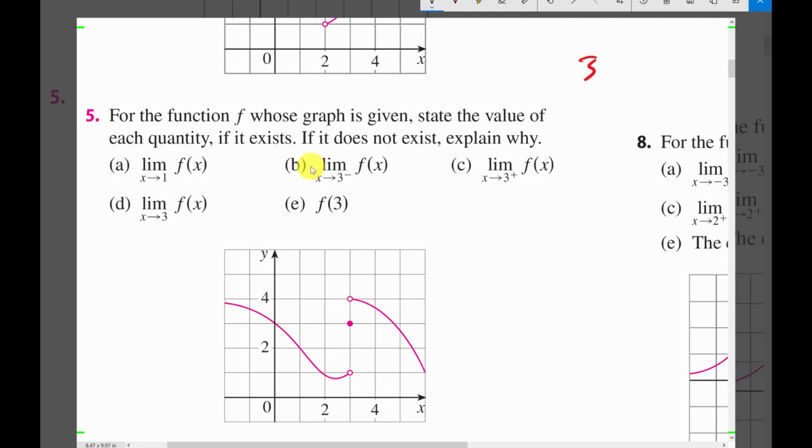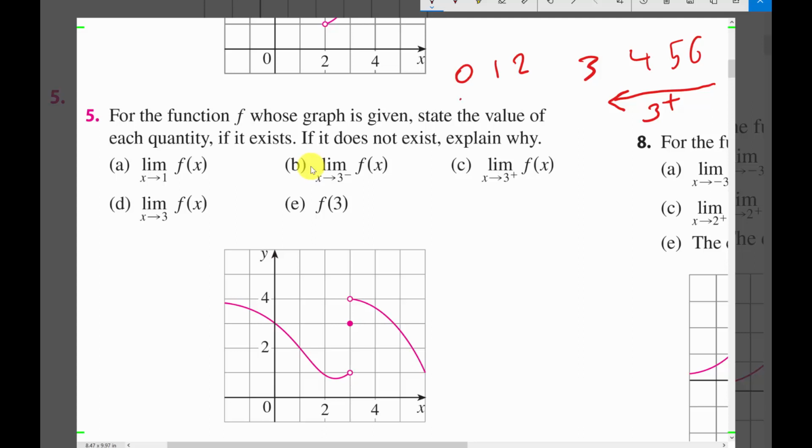Let's suppose we have the number 3 over here. We have 0, 1, 2, 3, and then 4, 5, 6. When we are approaching 3 from this side, we say we're approaching 3 from the right side, and that's why we put the plus sign over here.